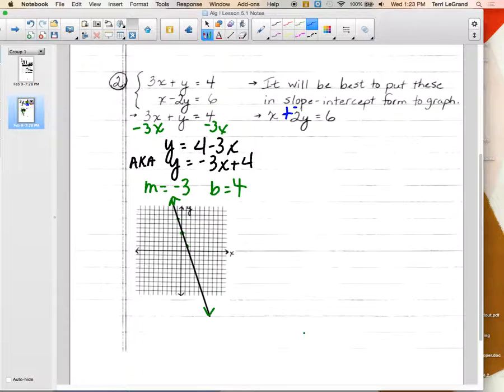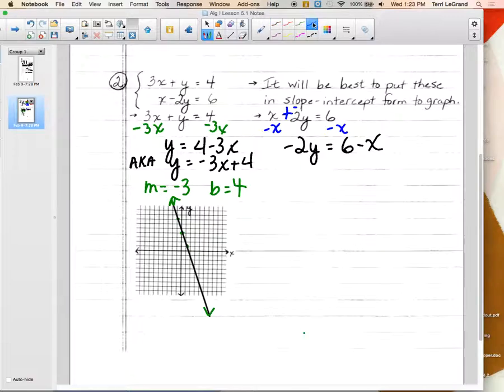Subtract x. Trust me, guys, I'm starting to feel better about your graphing, but I'm not so sure we're really good about putting equations in slope-intercept form correctly yet, so let's be really careful there. If you don't do this correctly, you set yourself up for probably getting a wrong solution also. So now we have the equation negative 2y equals 6 subtract x.